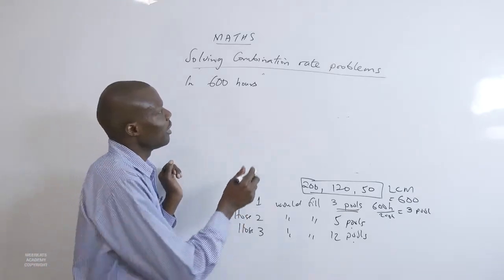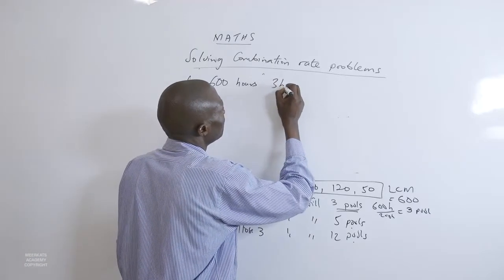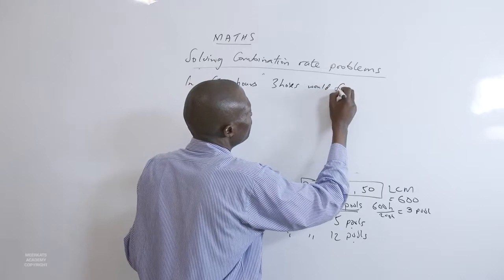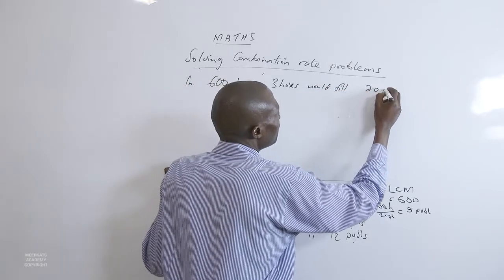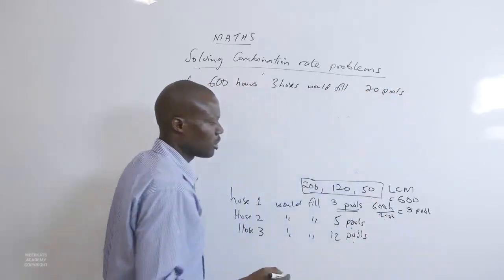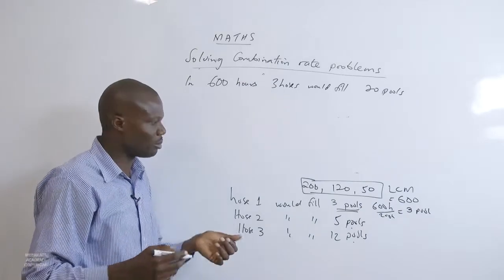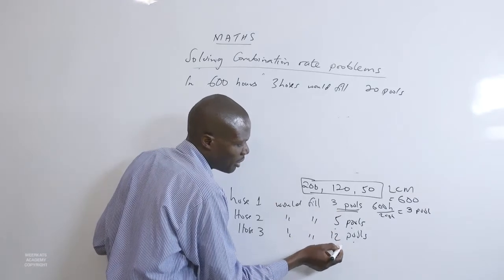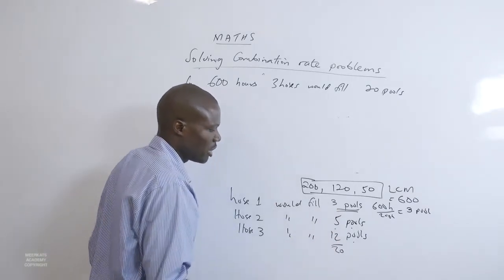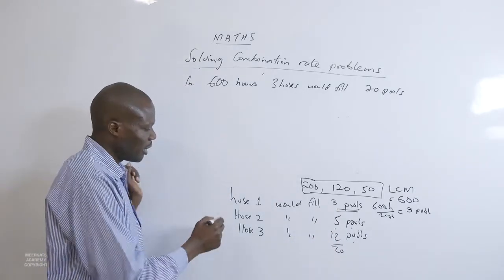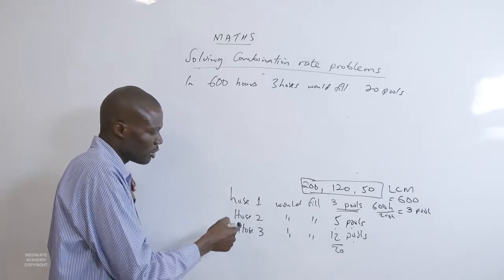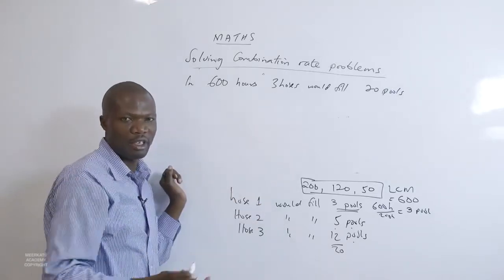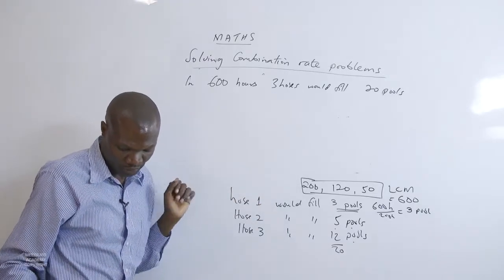We say that 3 horses would fill 20 pools. How are we getting 20? It is 3 plus 5 plus 12 gives us 20. How are we getting 3? It is horse 1 plus horse 2 plus horse 3. 1, 1, 1. These are 3 horses. That's why we have that 3.